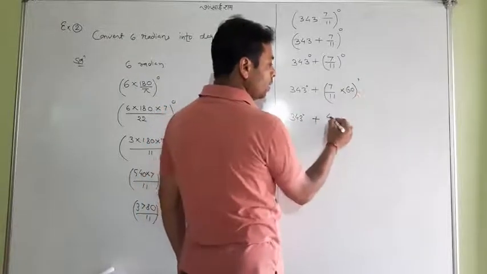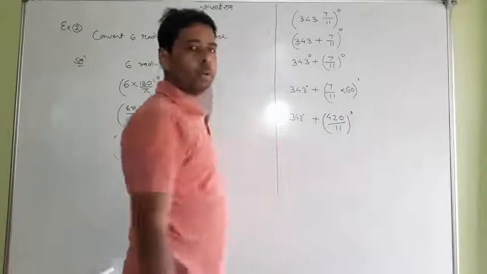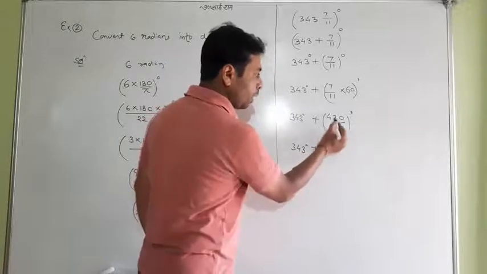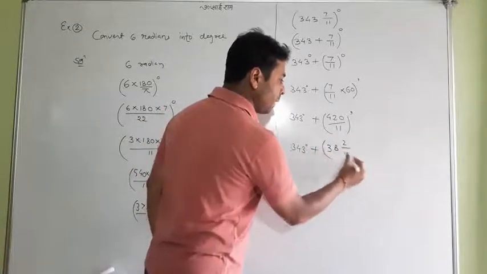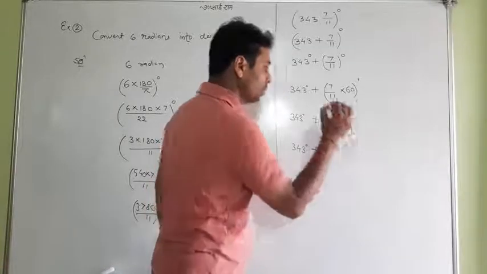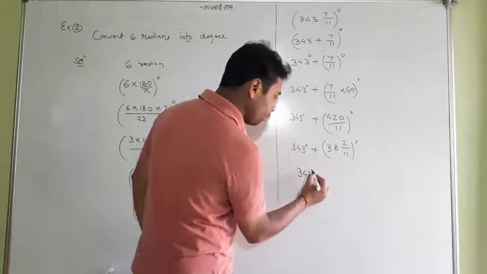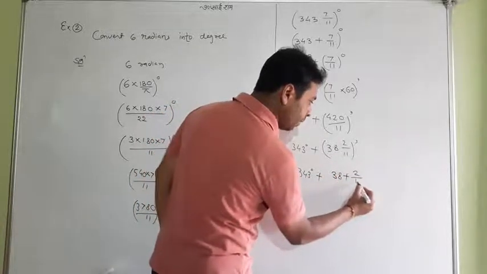Now I simply do as I taught you in the last class. 343. Now I'll divide. It is like that, 38 whole 2 by 11. Now 343, and I'll separate it in two parts, 38 and 2 by 11.